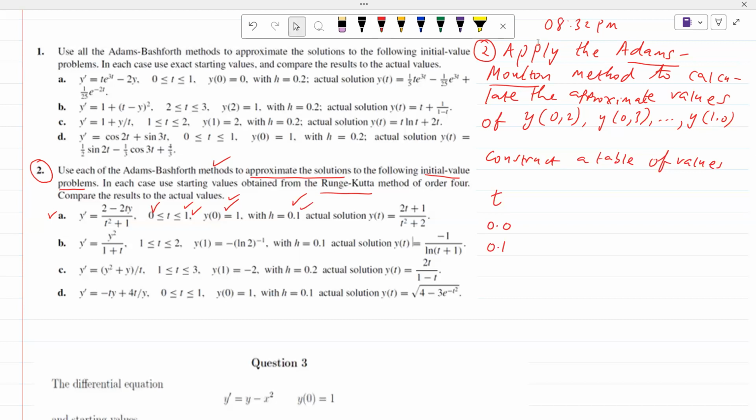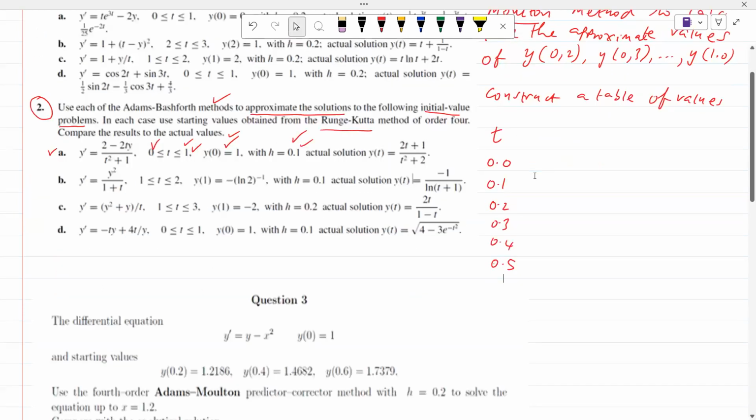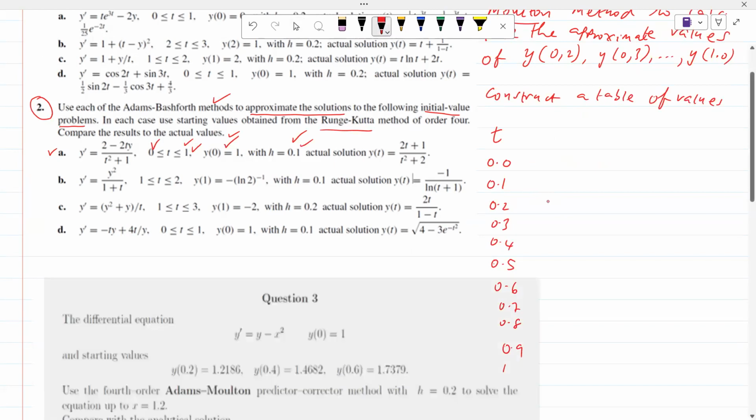So the step size is 0.1. And then we have 0.2, we have 0.3. And then you have 0.6, you have 0.7, you have 0.8, you have 0.9, and then you have 1.0.